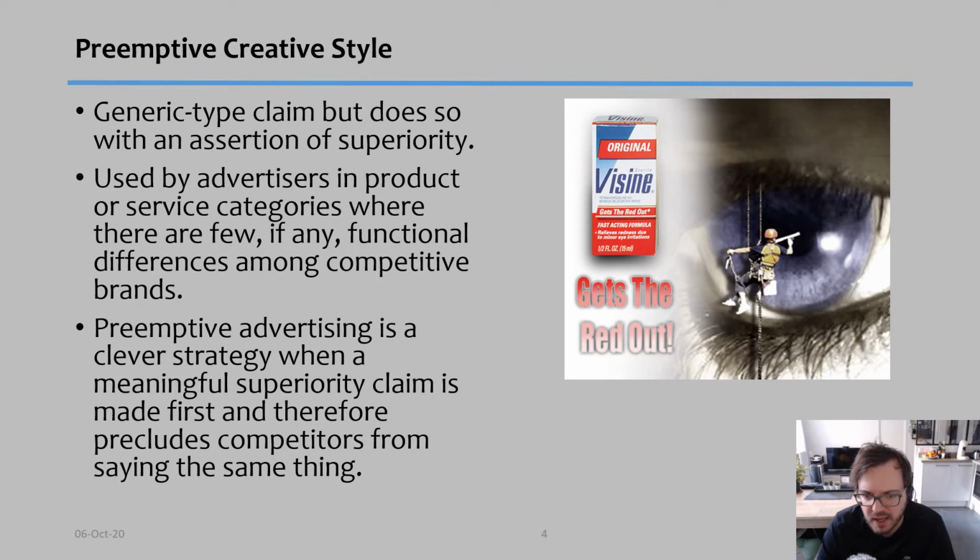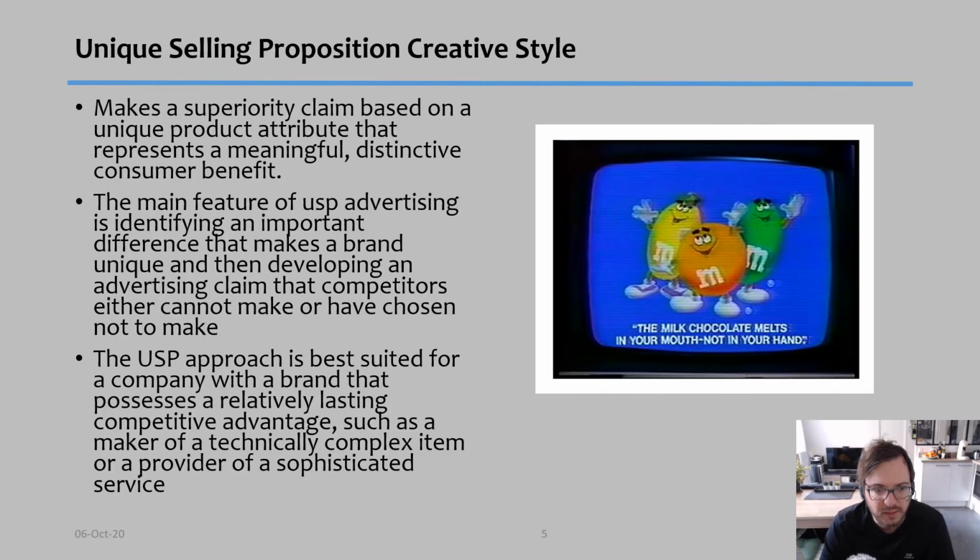So preemptive advertisement is a clever strategy where a meaningful superiority claim is made first, and therefore it precludes or it excludes the competitors from saying the same thing. And in this case, Visine ran that ad for quite a while, and no other eye drop brand could do the same advertisement, because then they would just be the second, and no one remembers the second.